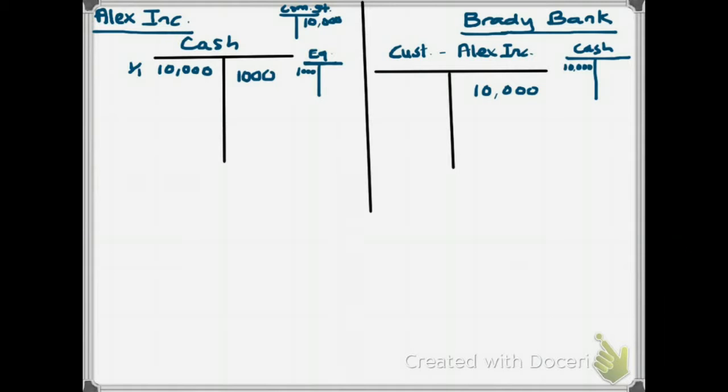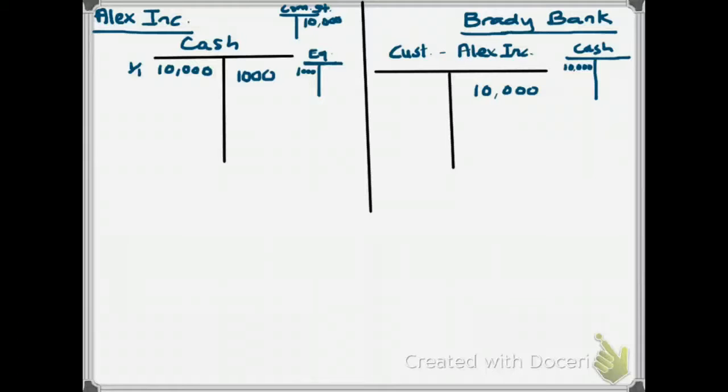So we will give a check to whoever we bought the equipment from, and they will go and deposit it to a bank account, which will withdraw the money from our account in Brady Bank. That's how banking systems work, right? So we wrote a check for $1,000 because we paid $1,000 cash to buy our equipment.